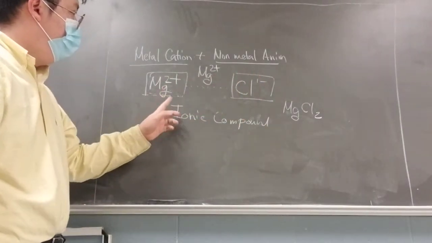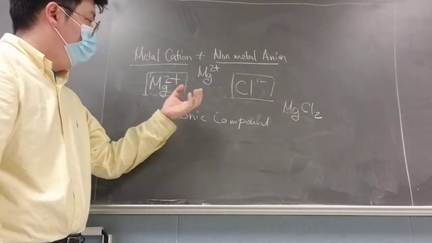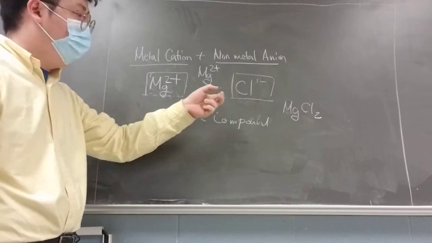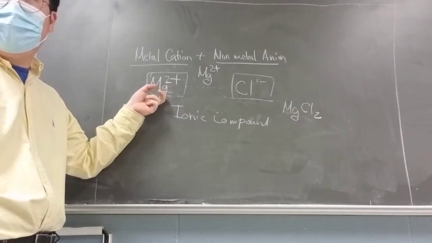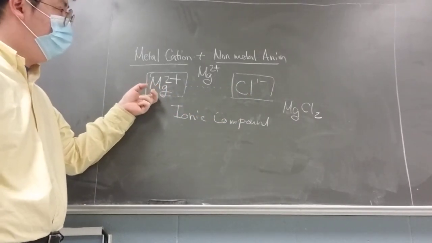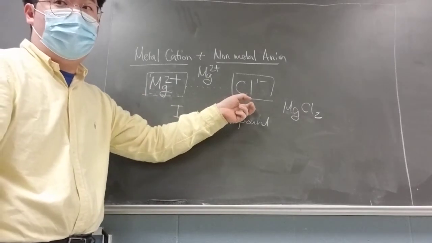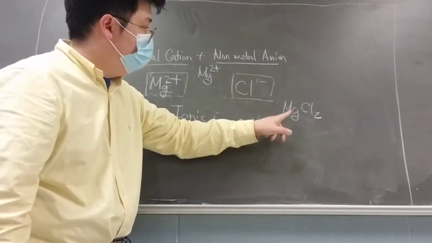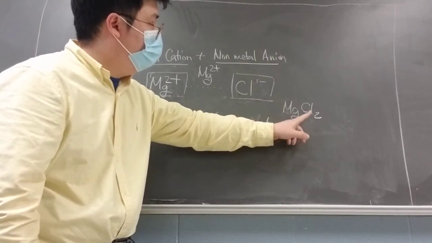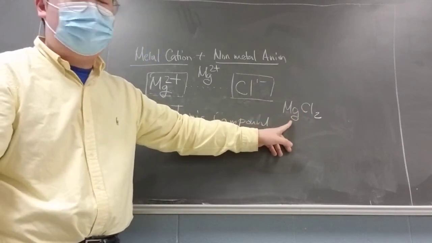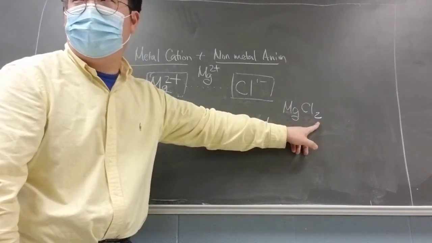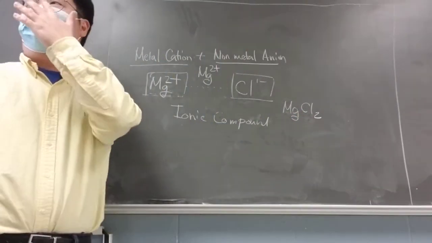So if you want a neutral ionic compound, there has to be 2 chlorine anions interacting with 1 magnesium cation, because it has plus 2 charge and only negative 1. So in the chemical formula, you have to put MgCl2, not 1. Make sense, right? Okay, good.